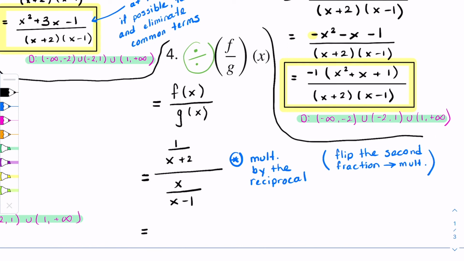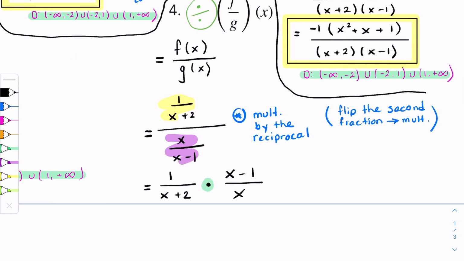When I do that, my numerator stays the same. It stays as 1 over x plus 2. And my denominator will flip, becoming x minus 1 over x. Make sure you indicate that you now have multiplication.